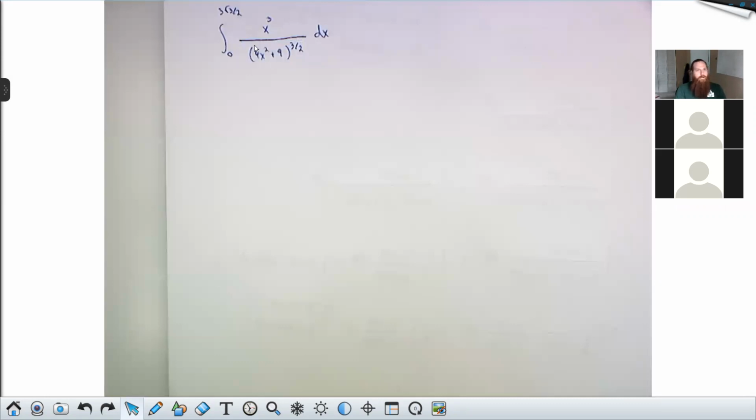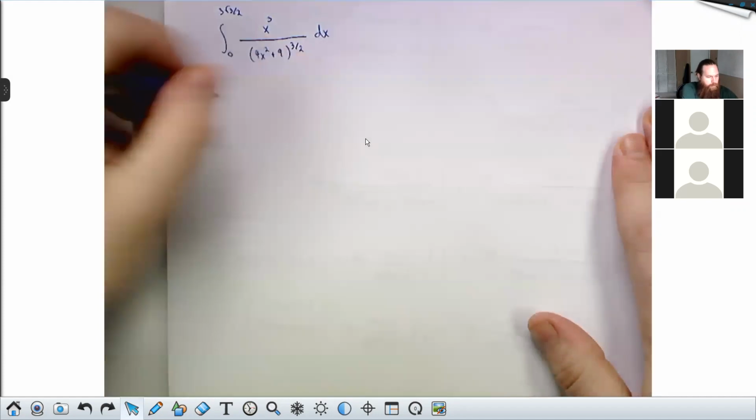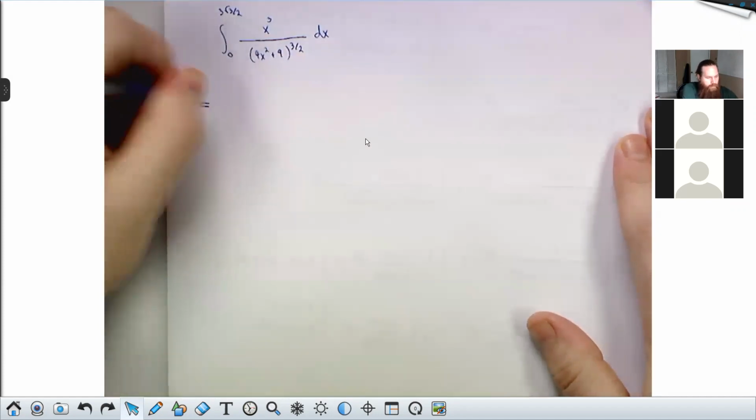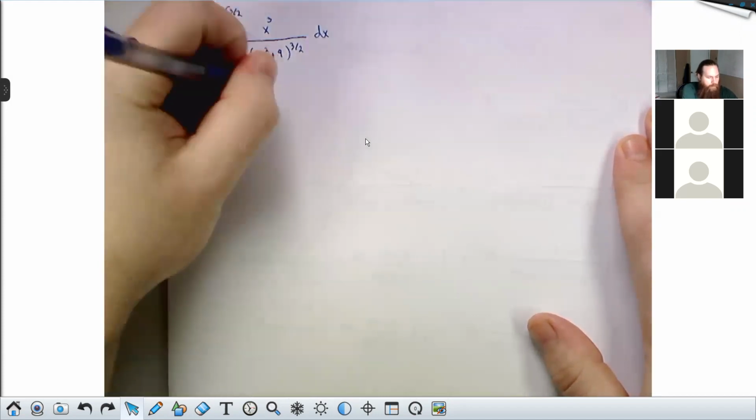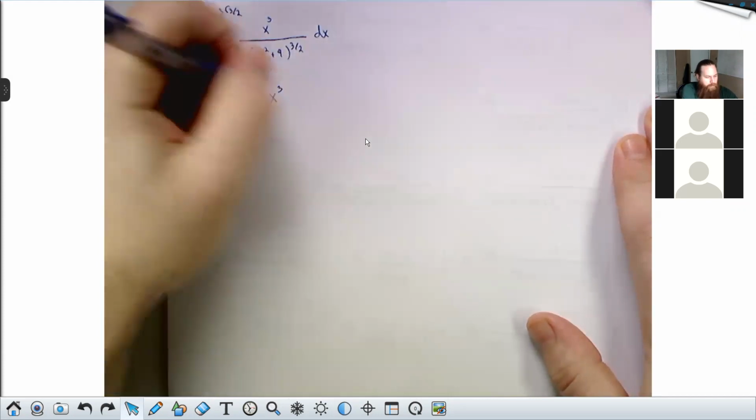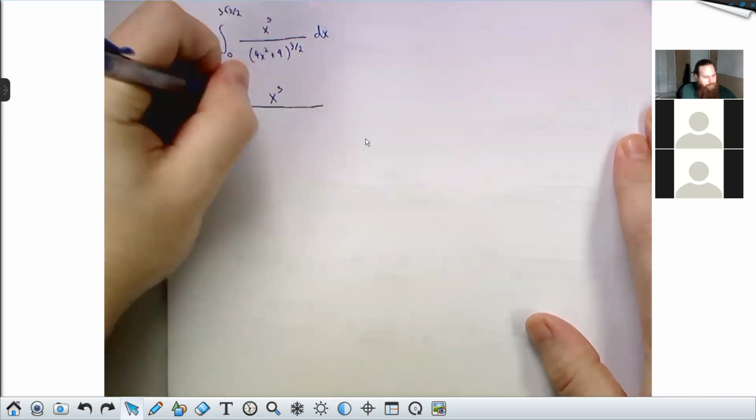Another thing that's intimidating, this doesn't look like x squared plus a squared. And that's why I gave you that table in terms of u and a, where u is allowed to be any linear function of x. I'm going to really take my time on this one, and I want you to follow along very carefully. The numerator, I'm going to leave alone, but I'm going to rewrite the denominator.